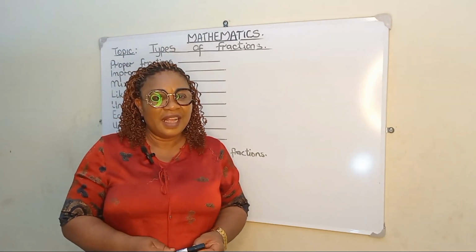When you want to obtain an equivalent fraction, you pick a fraction. You pick a what? Fraction. I pick a half. If I pick a fraction, the next thing I will do, I'll pick a number.